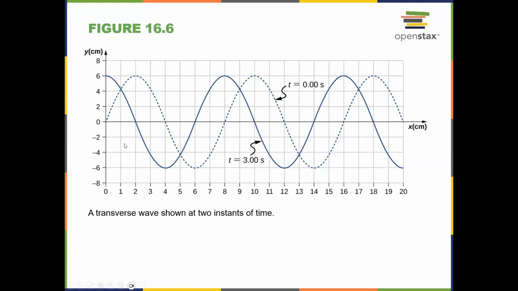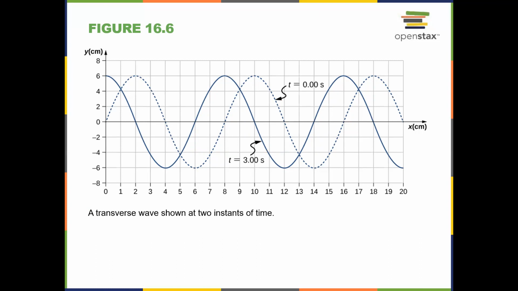But right now, here's this wave, and it's moving. The dotted line is when it's at time zero, and then it's moving forwards, right? After 3 seconds, the wave would look like this. What has happened is this crest, this top part here, has moved over to this position.